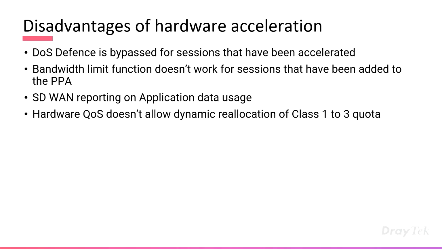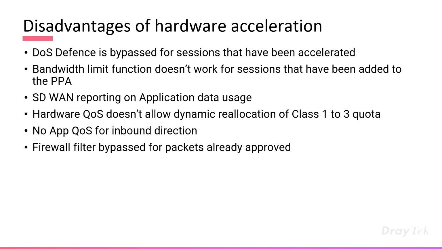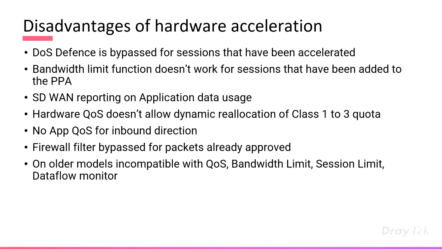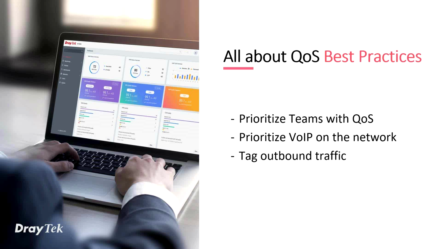Hardware QoS doesn't allow dynamic reallocations of class 1 to class 3 quotas, and there is no application QoS for inbound direction either. The firewall filter is bypassed for packets already approved. And again, older models are incompatible altogether with QoS, bandwidth limit, session limit, and data flow monitor.